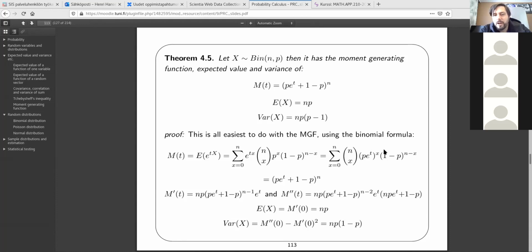Again, this is derived using the moment generating function. I'm not going to go through this proof here, but the interpretation of this variance is that it is bigger when p is close to 0.5, and smaller when p is very close to 1 or very close to 0. Then the variance is small.